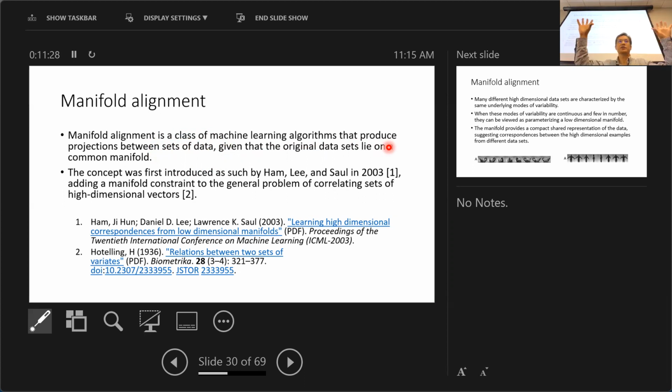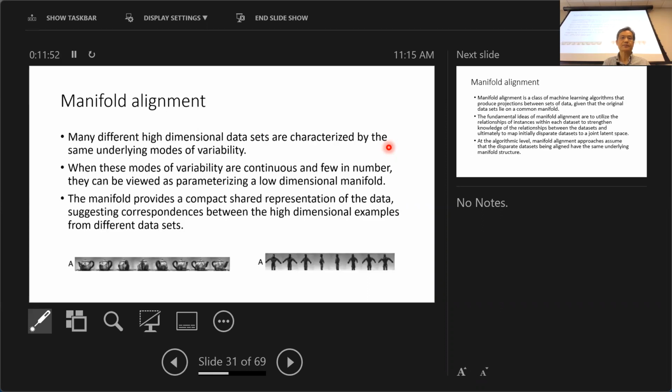They project both data sets onto the shared common manifold to make them align, although these two data sets may come from different measurements of the same object. Something like this: you have a teapot rotating horizontally, and then you have this small object as well, and they share some of the structure of their movement. So you can align this.